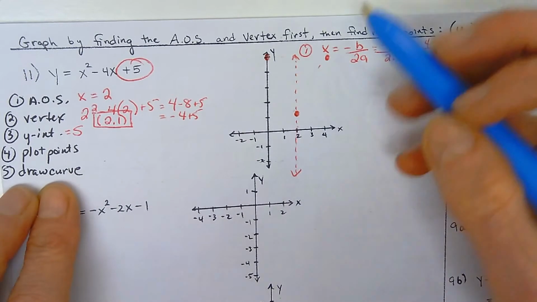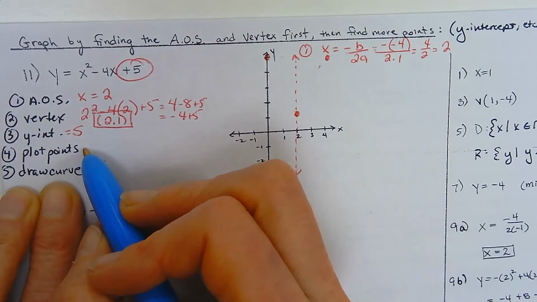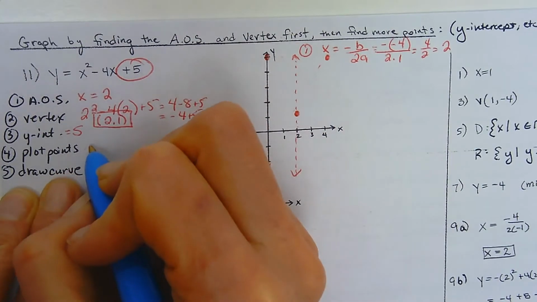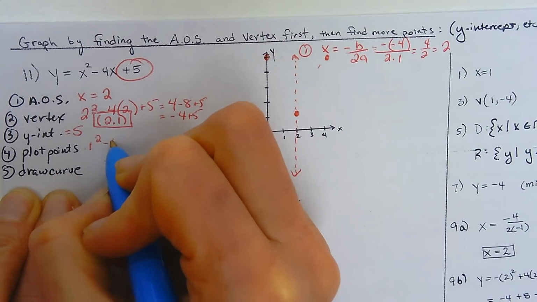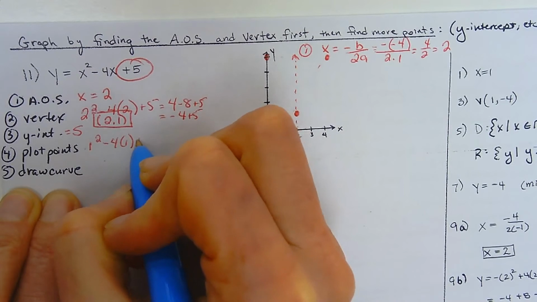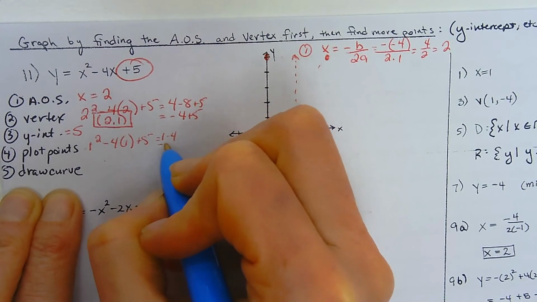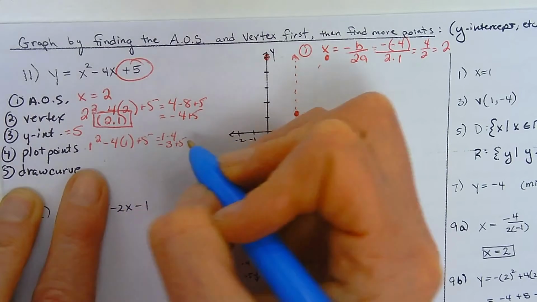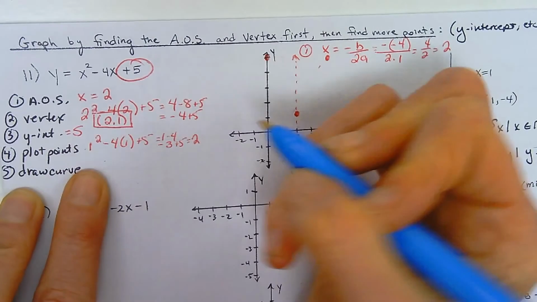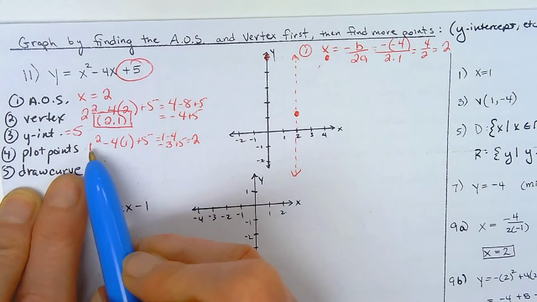I'll use 1. So step 4, I put 1 into the function. 1 squared minus 4 times 1 plus 5 is equal to 1 minus 4 is negative 3 plus 5 is 2. So my point will be 1, 2.